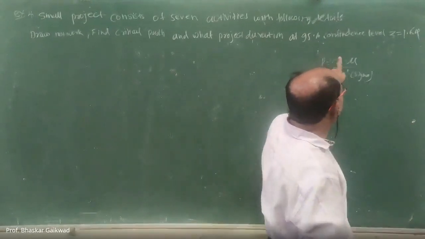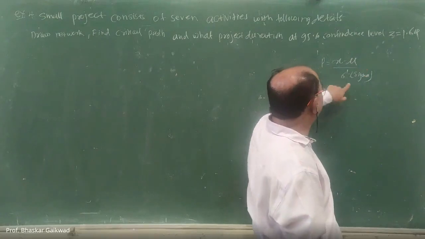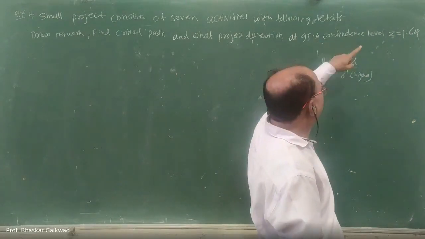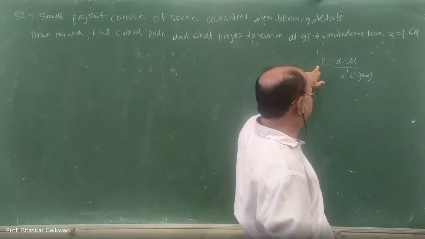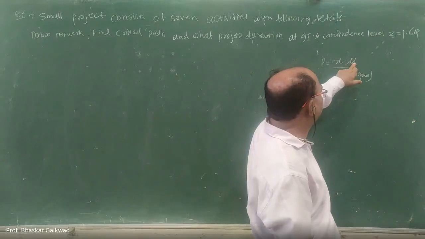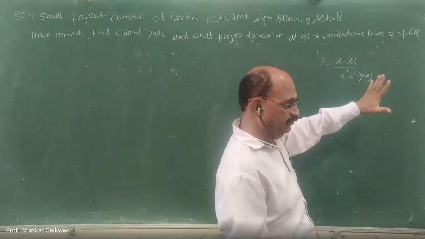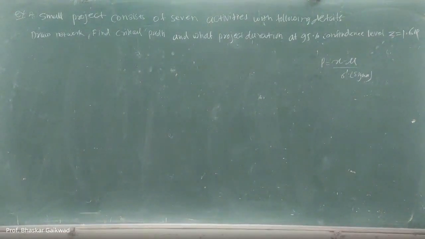The Z and P notation problem is there, but in our formula we have used P. Whenever Z is given, instead of P you can write Z here. This is given, this we have to calculate, this we have to calculate, and this we have to find out. So this is the expected answer from this problem.